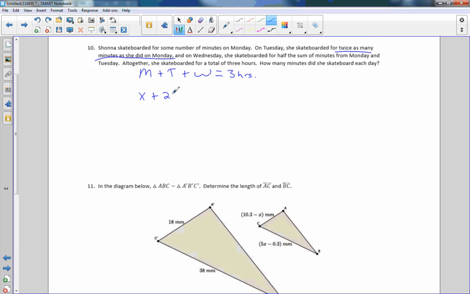So that would be 2X. And then on Wednesday, she skateboarded for half the sum of the minutes from Monday and Tuesday. So if we add these up and divide it by 2, that would be x plus 2x divided by 2. Then altogether she skateboarded for 3 hours.